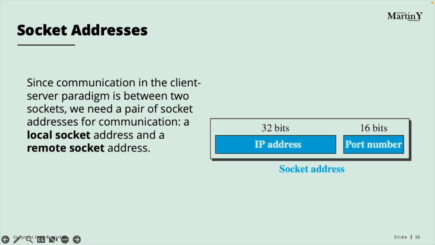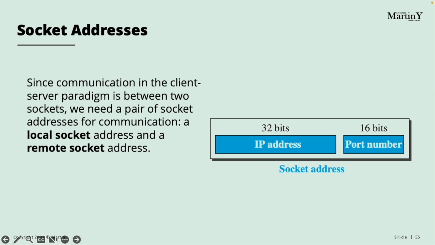Let's see what exactly we can use for the socket address. As I said, the sockets make communication between the operating system and our application, and the two sockets have a logical connection between themselves. Pretty simple.